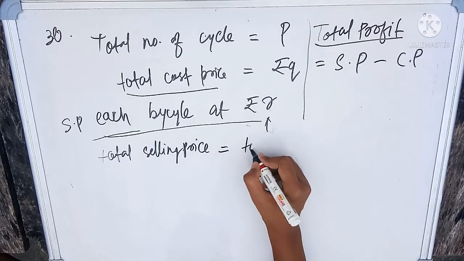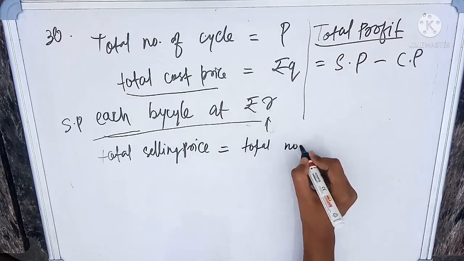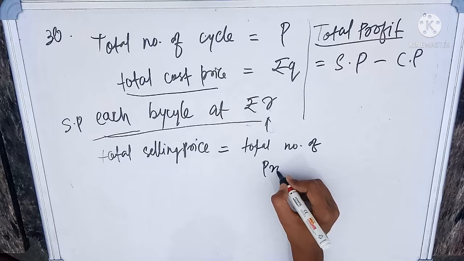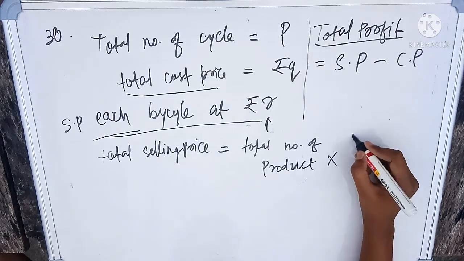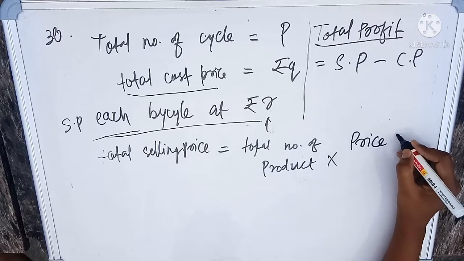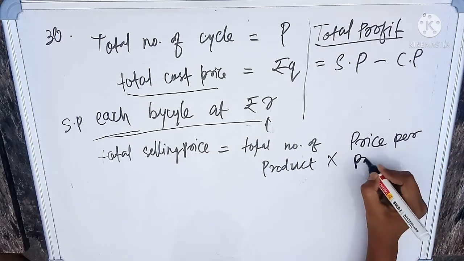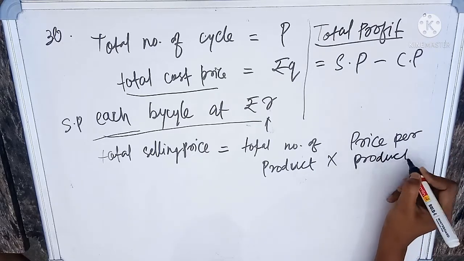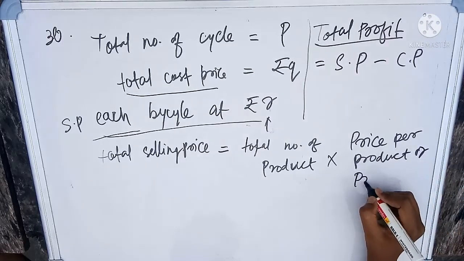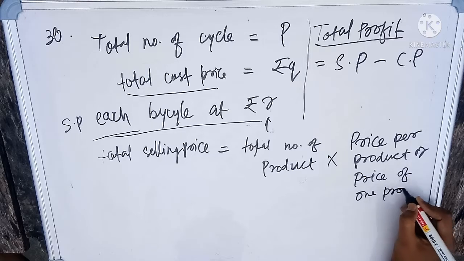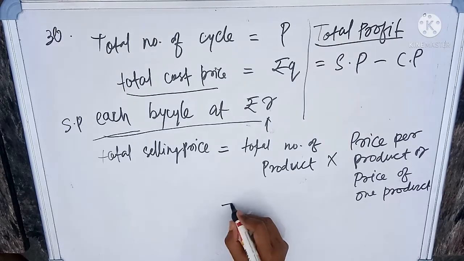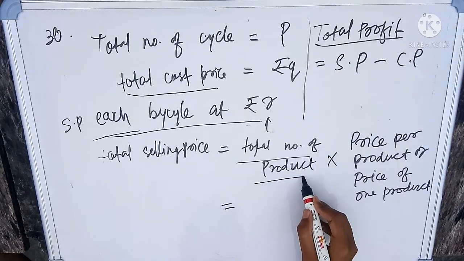which is equal to the total number of products multiplied by the price per product, or you can say the price of one product. So in the question we have the total number of products.